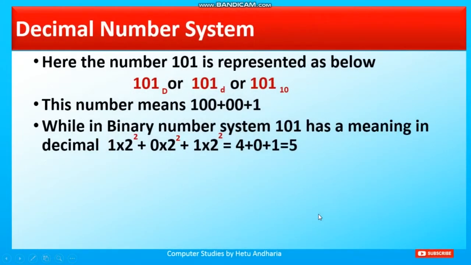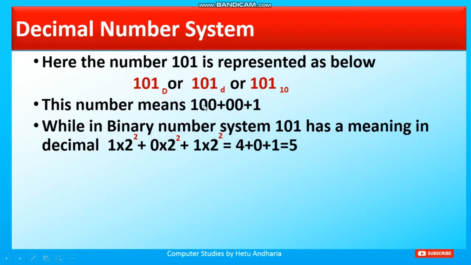While in the decimal number system, you can write the suffix as a capital D, small d or 10. Why 10? Because the base of the decimal number system is 10. From 0 to 9, if you count the number of digits, it is 10. Now, here I have given a number 101.